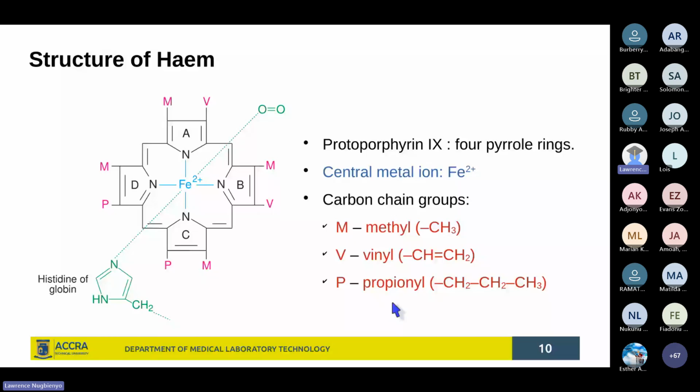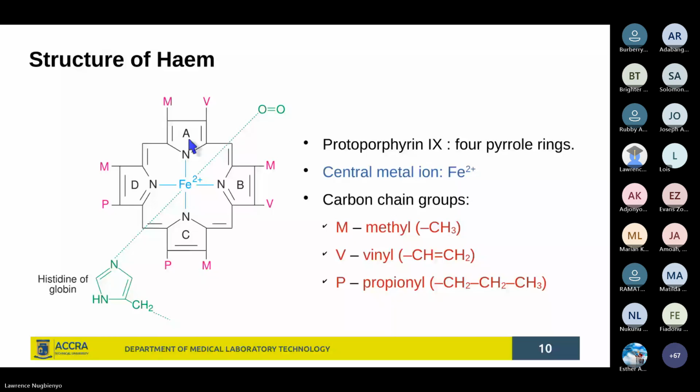The structure of the heme. Now, if you pay close attention to this ring structure that you are seeing on the left, and you look at the letters A, B, C, and D, each of those rings is a pyrrole.